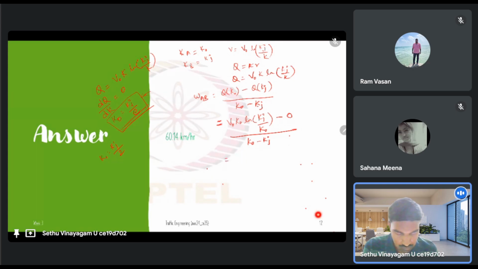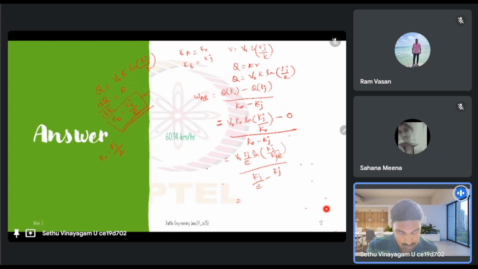So I'm going to substitute that. It will be V0 into Kj by E, into log of Kj by E divided by Kj by E minus Kj. If you simplify that, what will we get?